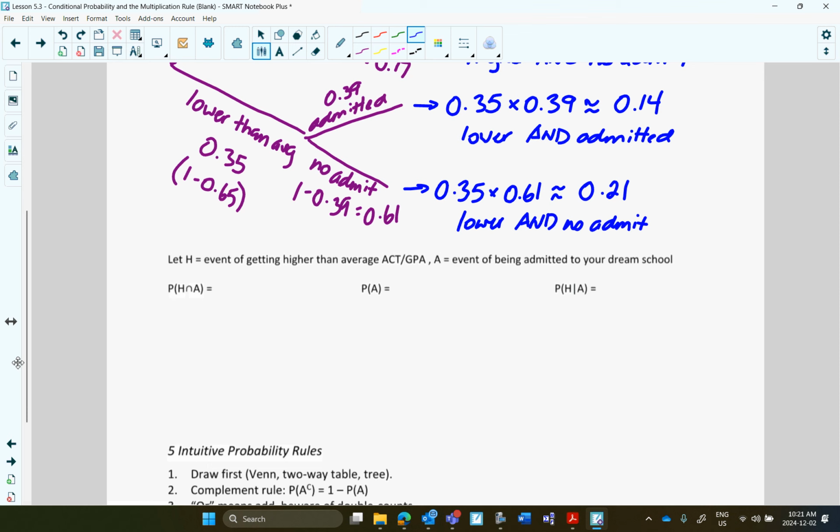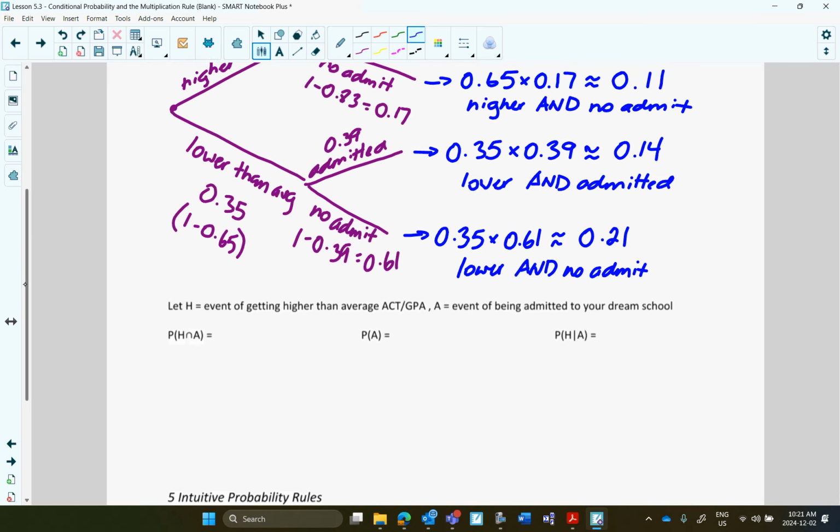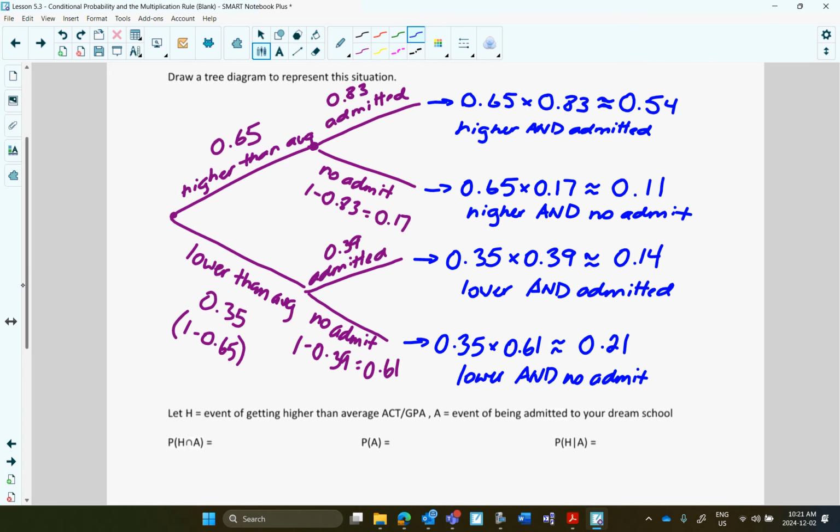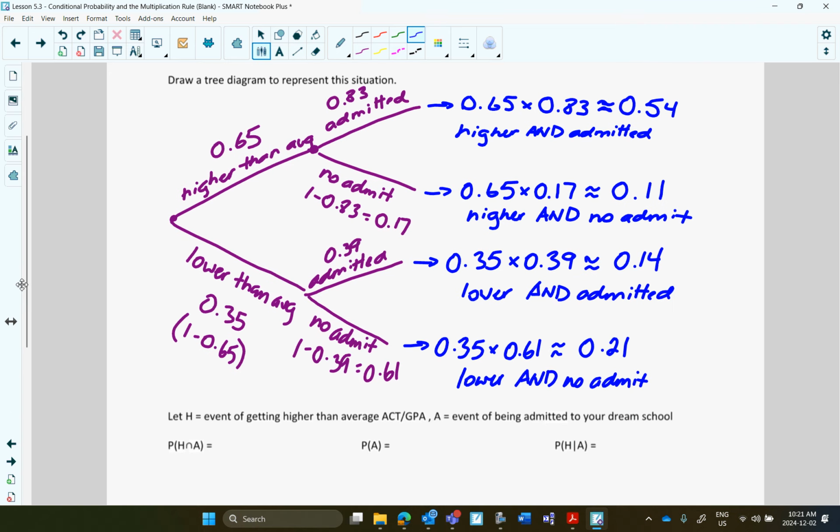Some of them we've actually already calculated. One of them we've already calculated. So what's the probability of higher than average GPA or ACT and you get admitted? 0.54, right? We found that one up here.